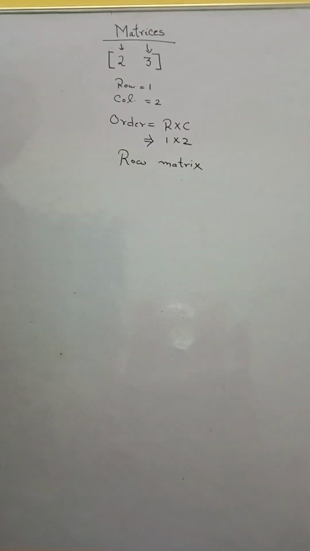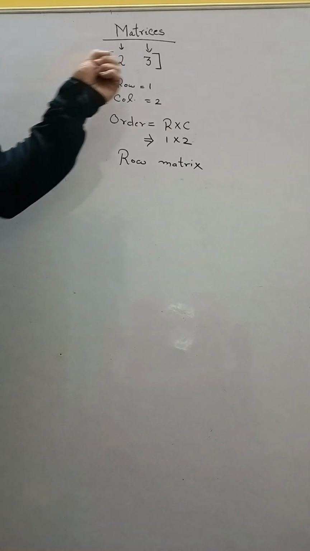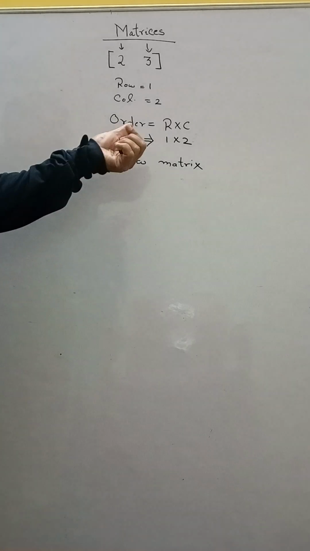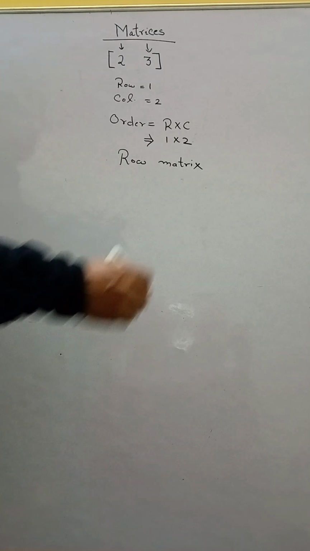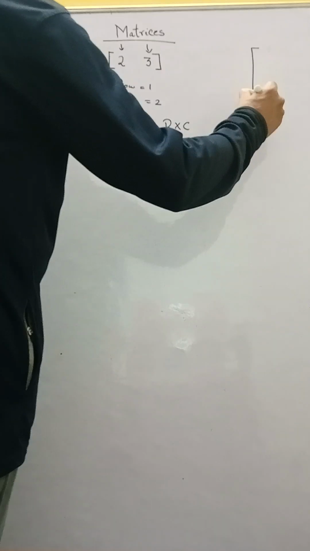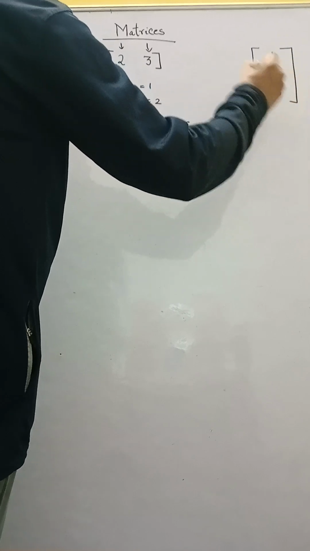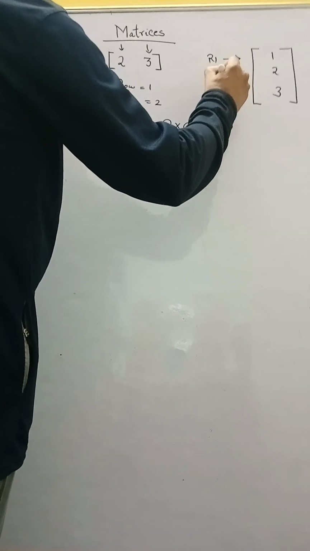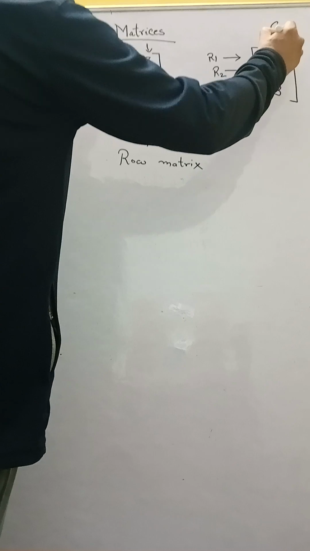So what is matrix? Matrix is arrangement of numbers in the form of rows and columns. If the arrangement is such that there is only one row and more than one column, then you call it a row matrix which has only one row. Same way, if there is a matrix in which there is only one column, so now see, this is row 1, this is row 2, this is row 3, this is column 1.